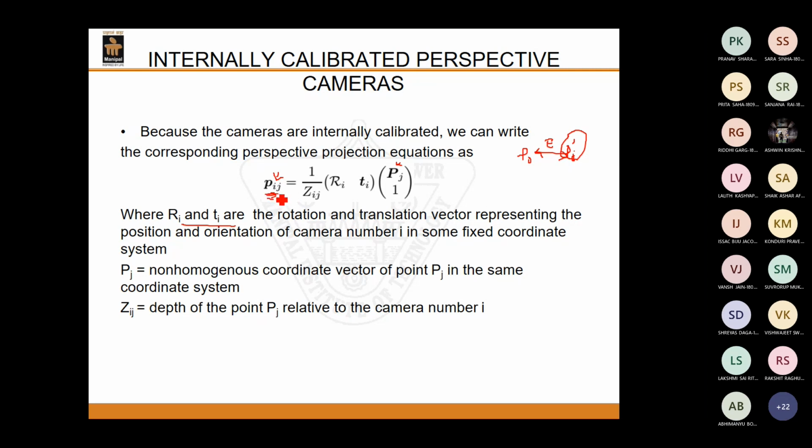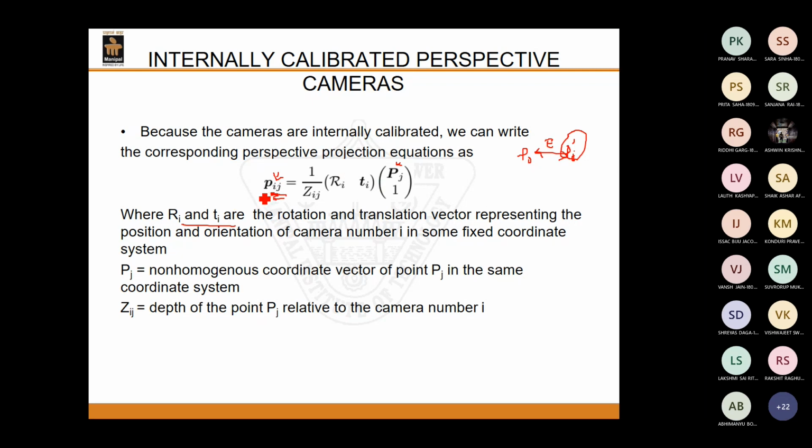But all the while, the image points that we have, the correspondence points p_ij, remain the same. So what that means is that by varying this rotation and translation, it is invariant for the image points; the image points will not change. When you apply the rotation and translation, it will not have an effect on the image.